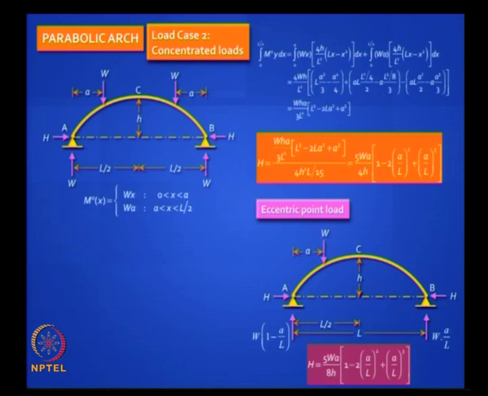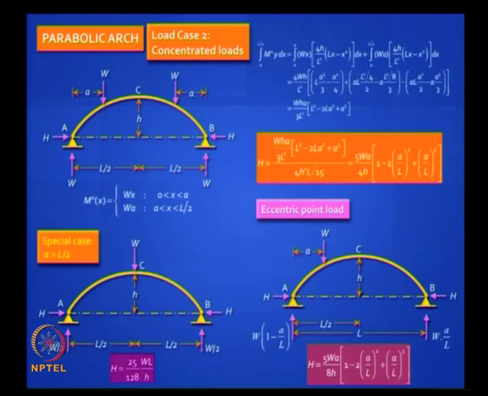All you need to do is to substitute A by L equal to half, 1 by 2. And this is worth remembering. This is a standard formula for a single concentrated load on a symmetric arch acting at the crown. All of this is a special case of the eccentric case. So it is 25 by 128 into WL by H.